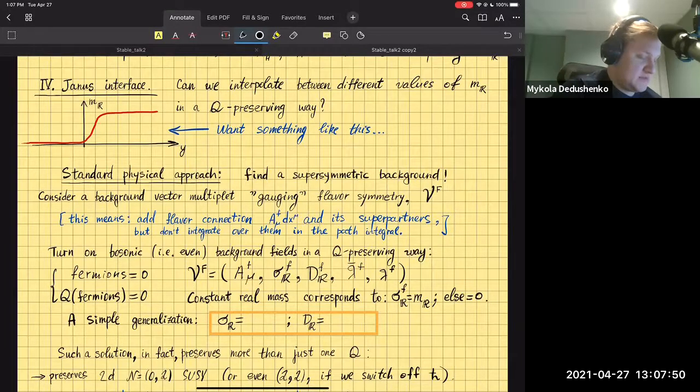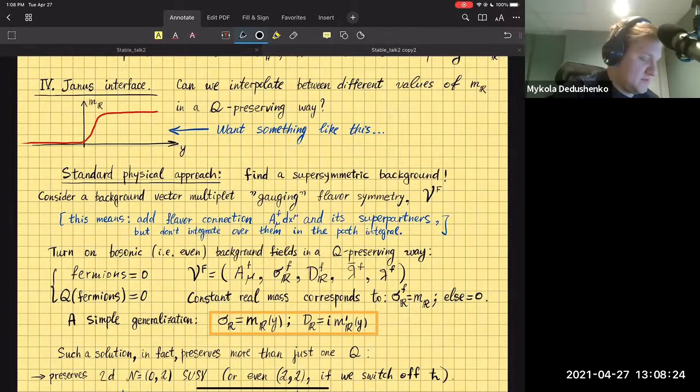Now it turns out that there's a simple generalization that allows us to vary the mass. Namely, you just make this y-dependent, and additionally turn on another field. In fact, such a solution preserves more than just the one supercharge Q that we're interested in.